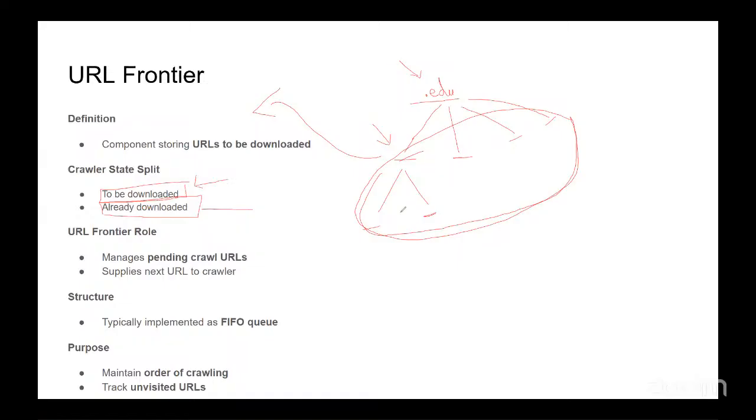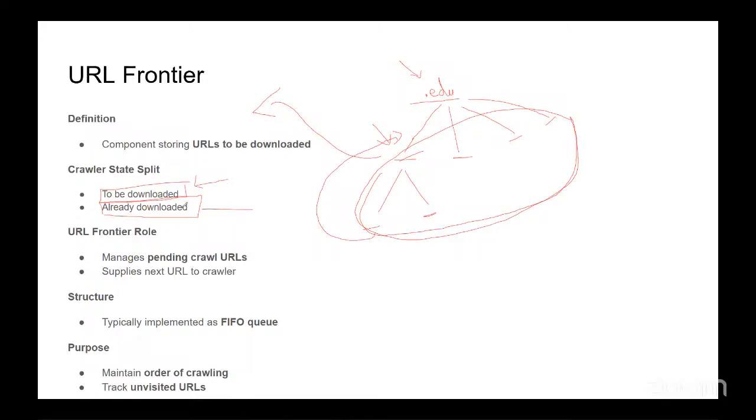It is possible that while crawling a web page, there is a link that goes back to a previous URL, right? So you do not need to reprocess or download that page again, because it has already been downloaded. So you split the crawler state based on this.